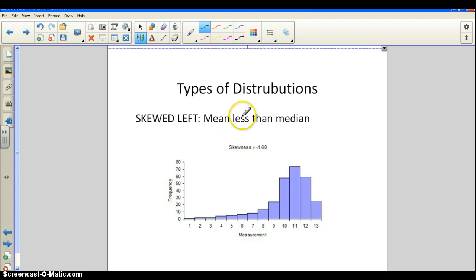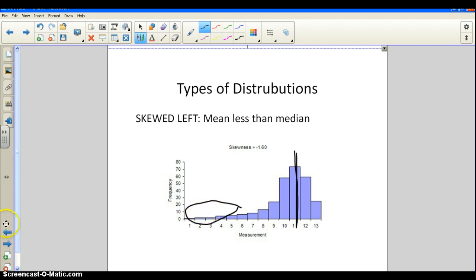And then we have histograms that are skewed to the left, so the tail of the histogram is towards the left. And this is where the mean is less than the median. So here, the median would probably be around about here, but the low end numbers, the extreme values, the outliers here, they pull the mean down.